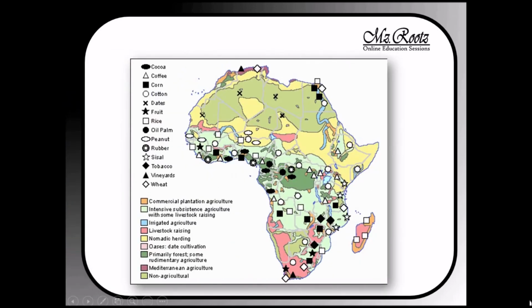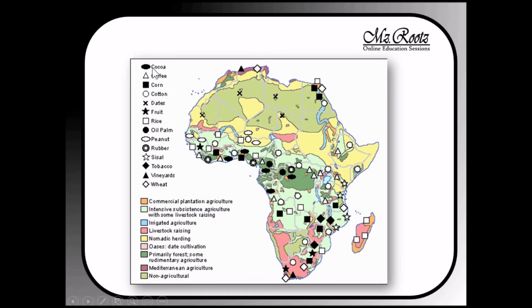Let's take a look at some other natural resources that are produced on the continent. Have a look at the key. Take 2 minutes to really study the key. The key is here and also here, which is a color-coded key.